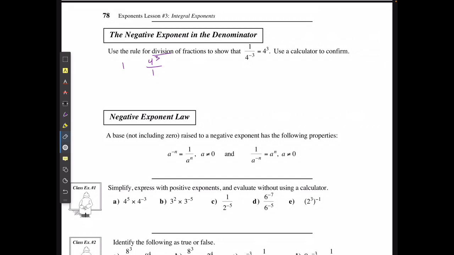Which means that all of this is the same as 4 to the power of 3.